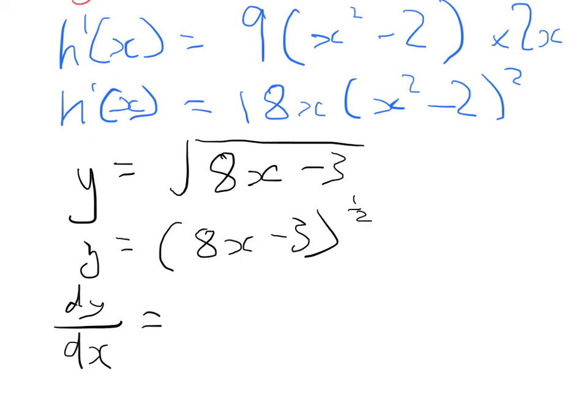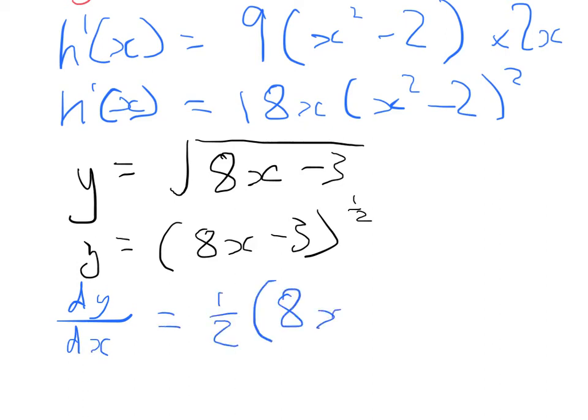We should probably be doing this in blue to keep consistent. dy over dx equals 1/2 times 8x minus 3 to the power of negative 1/2. Right.